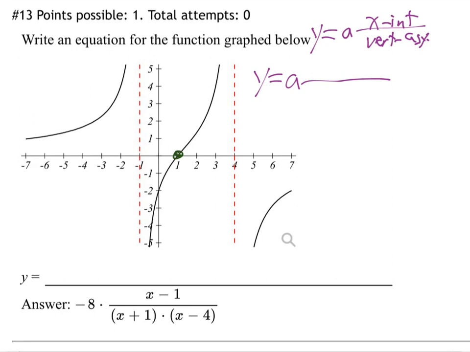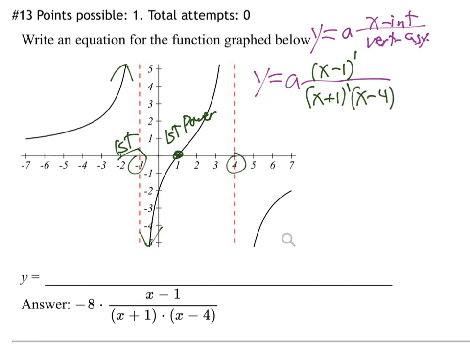At 1, that's first power, because it doesn't bounce, it passes through. So opposite, first power. On the bottom, we have negative 1, so that's x plus 1. It goes down on one side, up on the other, so that's first power. And then this one, 4, opposite, x minus 4, goes down on one side, up on the other. That's first power. It's only second power if it's like a bounce, if both are up or both are down.